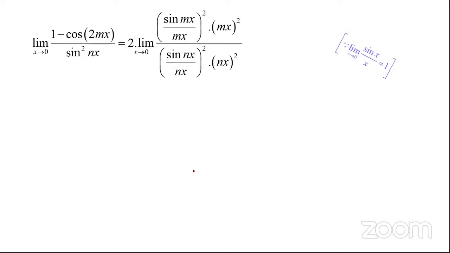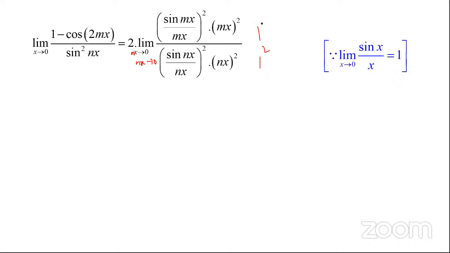We know the formula, limit x tends to 0, sin x by x equal to 1. Here the same value is there. If you substitute, for the numerator, limit mx tends to 0, sin mx by mx is 1. For the denominator, limit nx tends to 0, sin nx by nx whole square will also be 1.